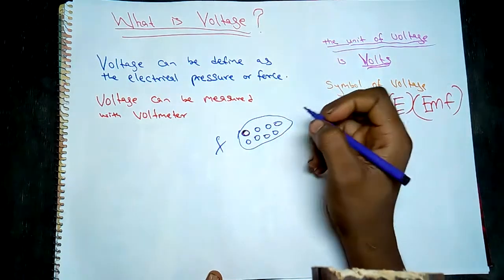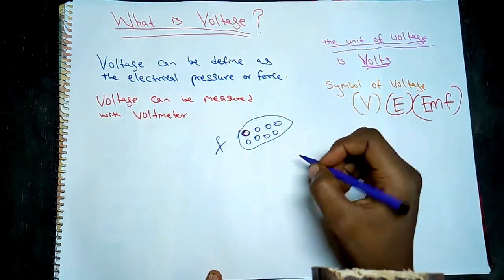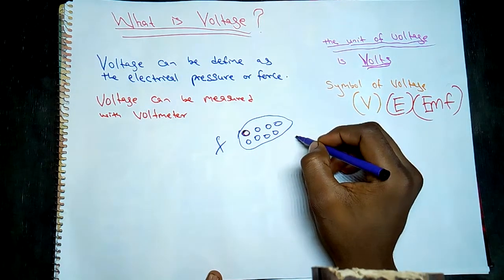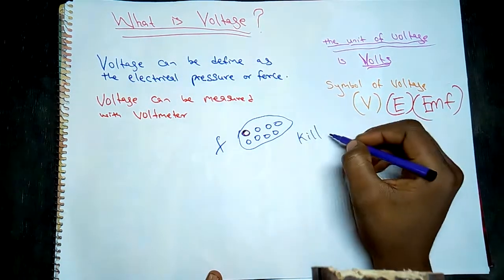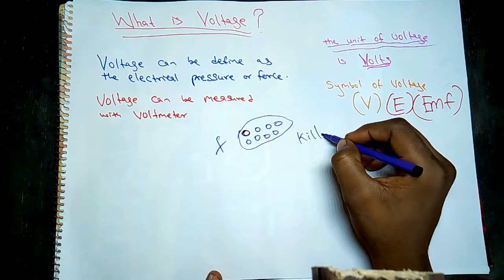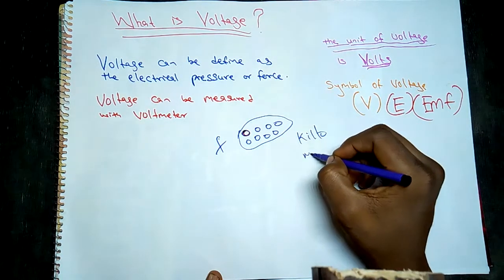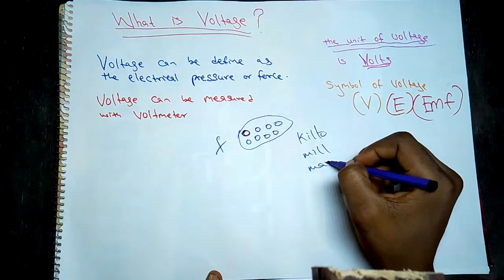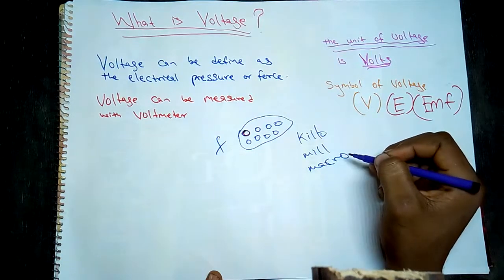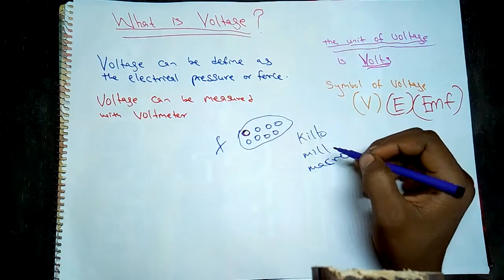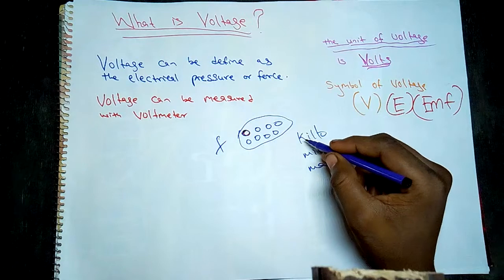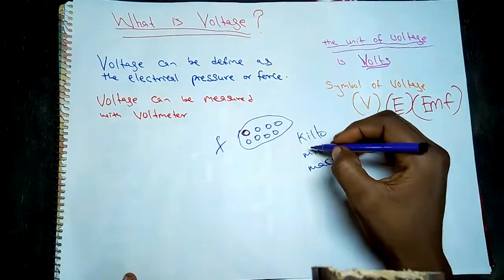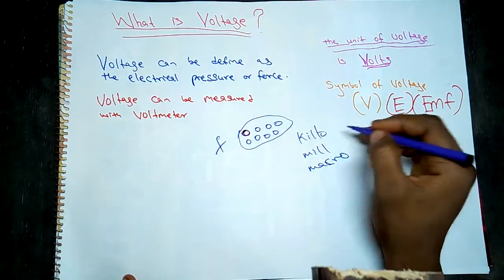And I said in our last video that current can be measured in kilo, milli, micro, and so on. Likewise, voltage can also be measured in those terms. Whenever we're talking about kilo, we are talking about thousands.